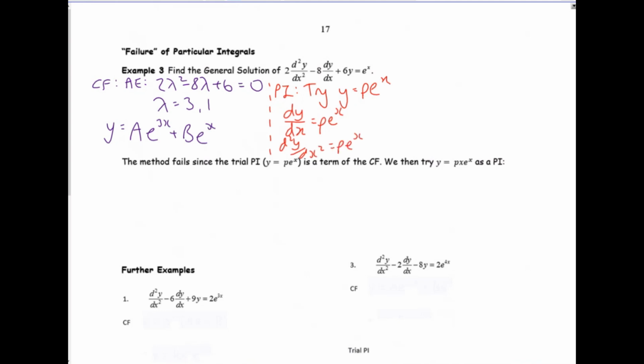If we substitute these in, that gives us 2p e to the x minus 8p e to the x plus 6p e to the x equals e to the x. We can cancel e to the x off all of this, which leaves 1 on the right hand side, but the left hand side is 0. That's a problem. 0 is not equal to 1.